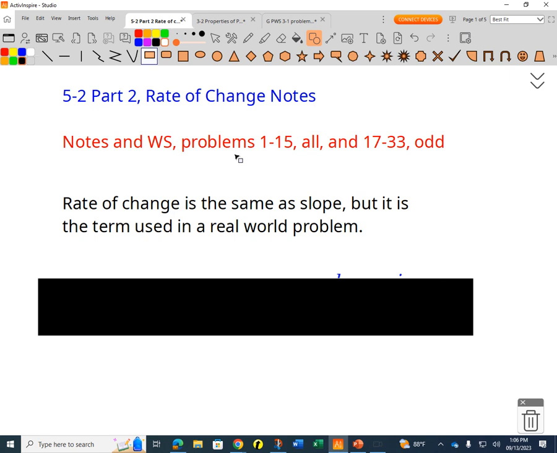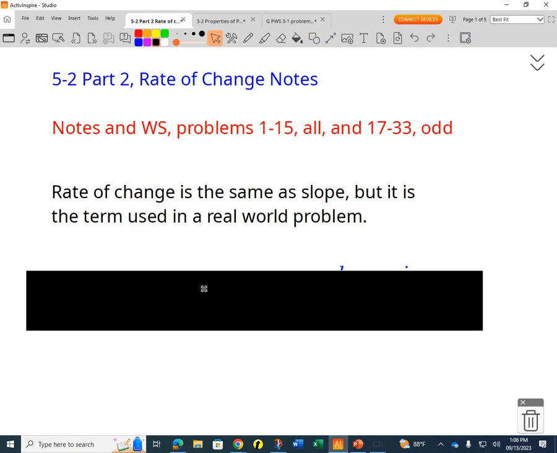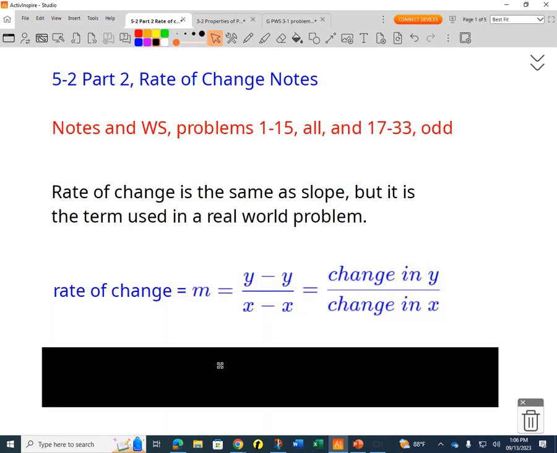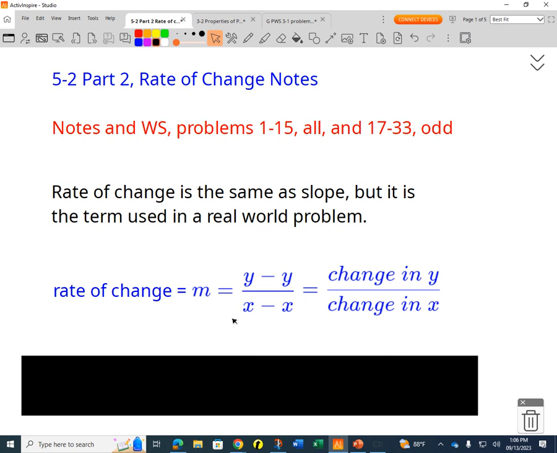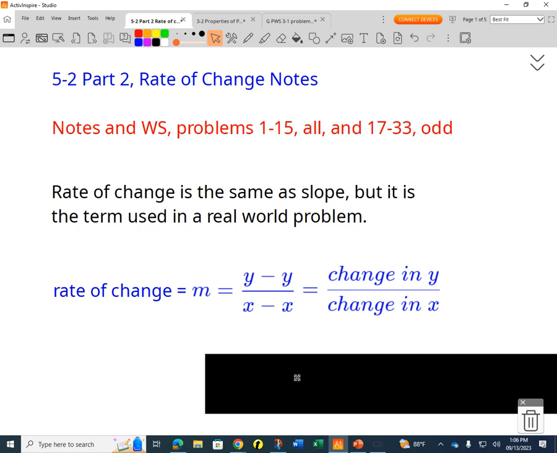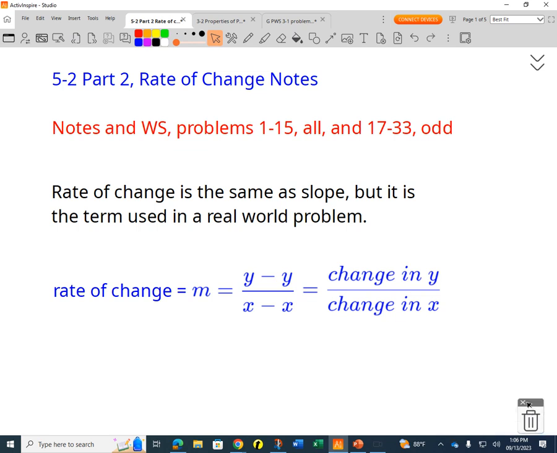You can represent a word problem as a graph, so we could also use rise over run. You could also represent it with the formula y minus y over x minus x. That could be read as the change in y divided by the change in x. So I said over, but I should have said divided there, right? It's a division problem. So right now everybody's writing what I have on the board.